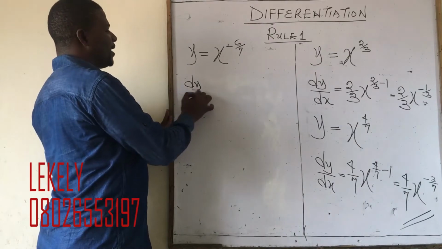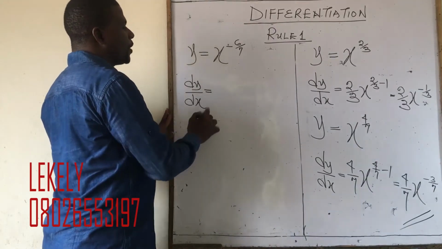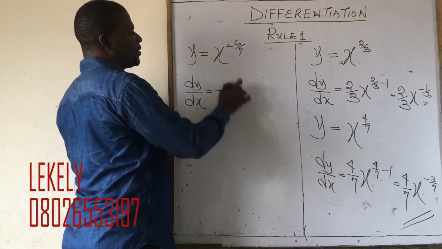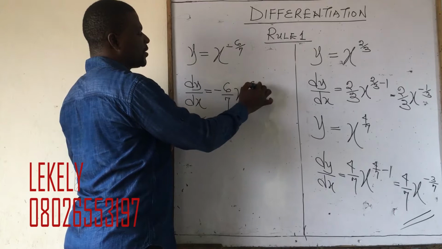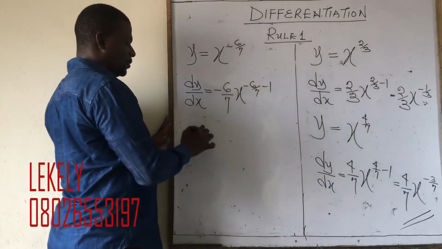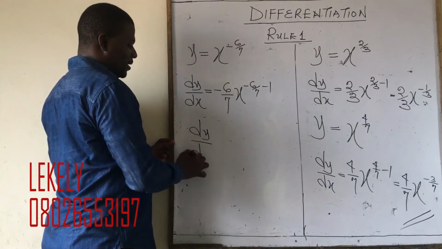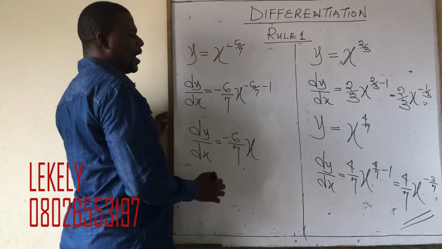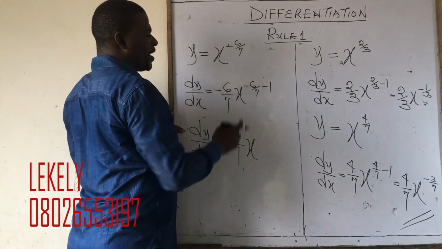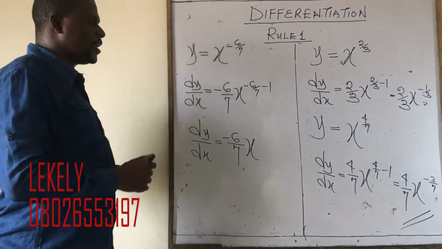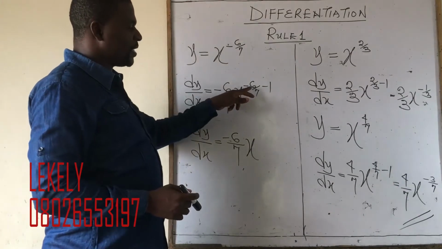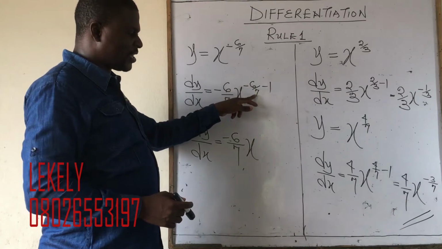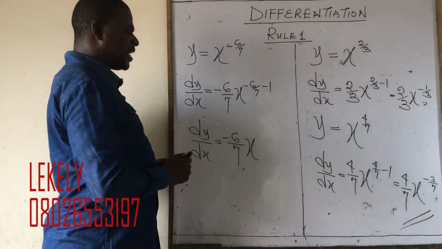So here your dy dx is now going to be the minus 6 over 7, bring it down, minus 6 over 7 x, you write the x, then minus 6 over 7 minus 1. So your dy dx is now going to be minus 6 over 7 x raised to power, since it is minus, you will add it. 6 plus 7 is 13.